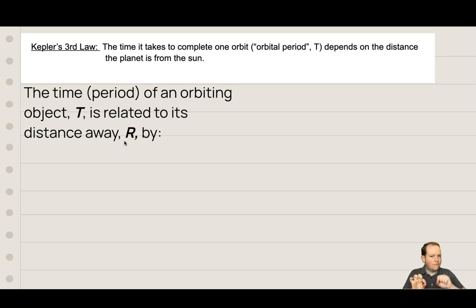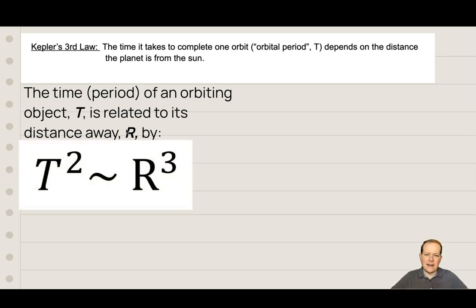We often use r for distance because we're tracing out objects that are kind of circular, and in circles, we use radius, right? So that's why we use r, all right? The relationship between T and r, oh man, it is weird. It is T, time, to the second power is related to r, distance, to the third power.